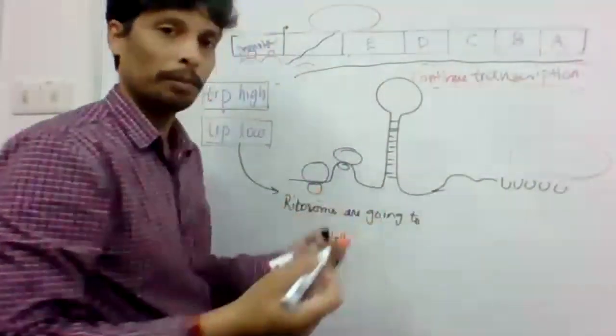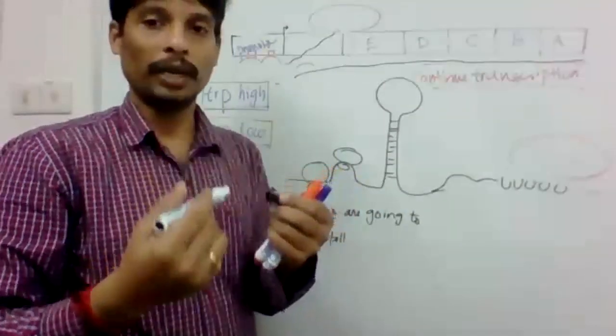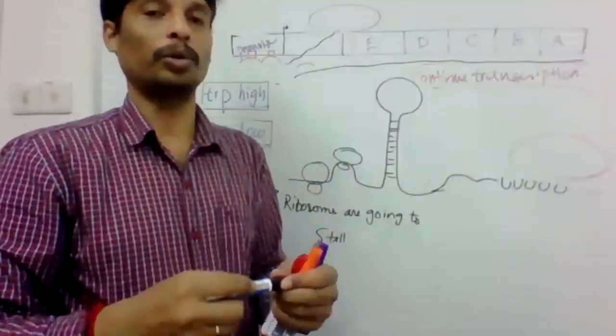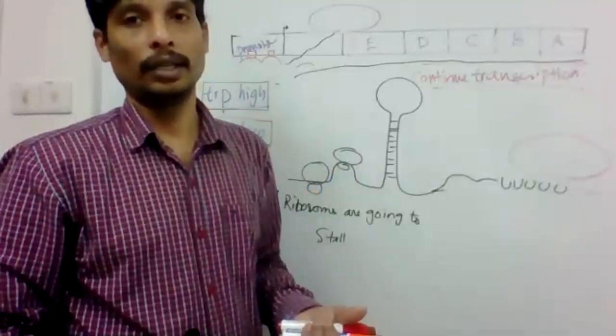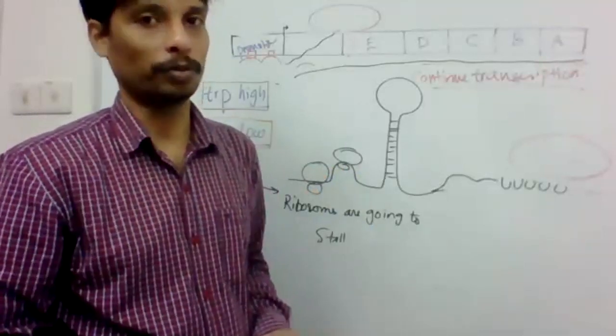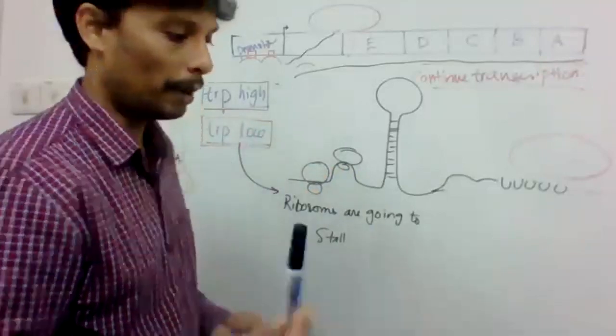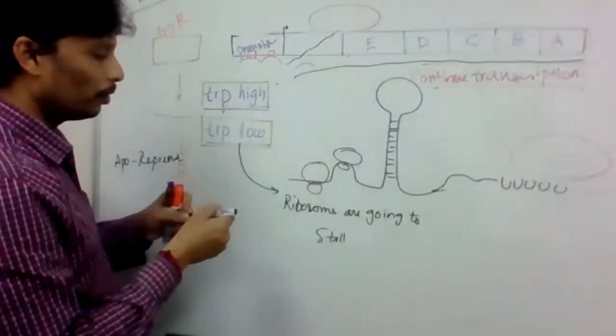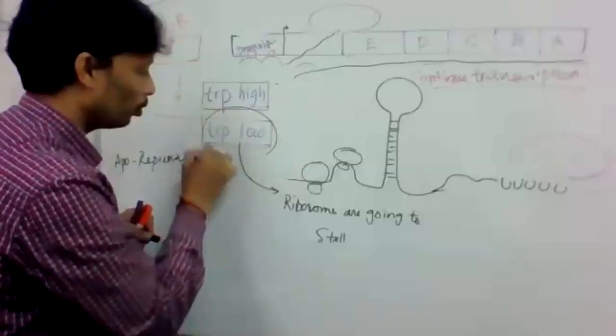And of course, as I mentioned earlier, it will have 5 ORFs, and it will produce 5 different proteins which are needed for synthesizing tryptophan when tryptophan is low.